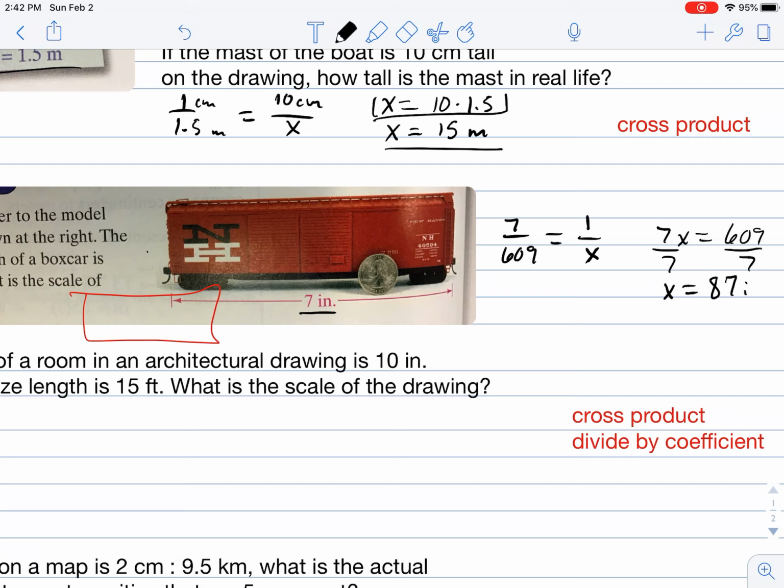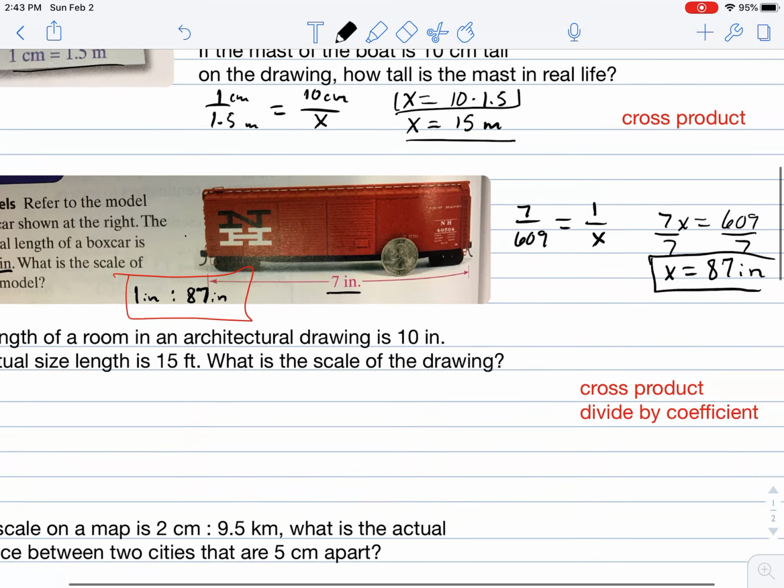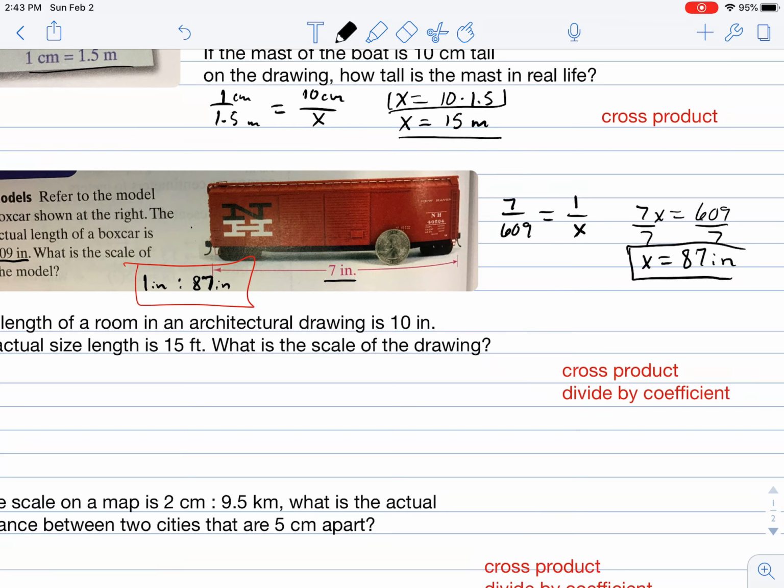Then 7 can go into 49 7 times. So the scale of this is for every 1 inch, it is equal to 87 inches in real life. Scale is usually going to be 1 to something, unless it tells us different, but when we're trying to find the scale, just make the top number 1 and then solve for the actual dimension.